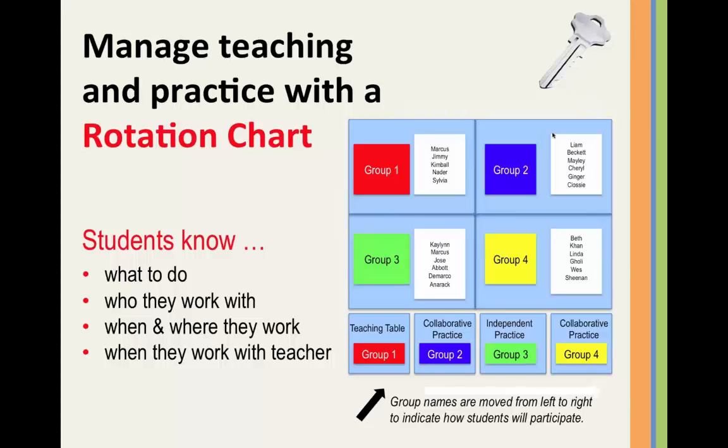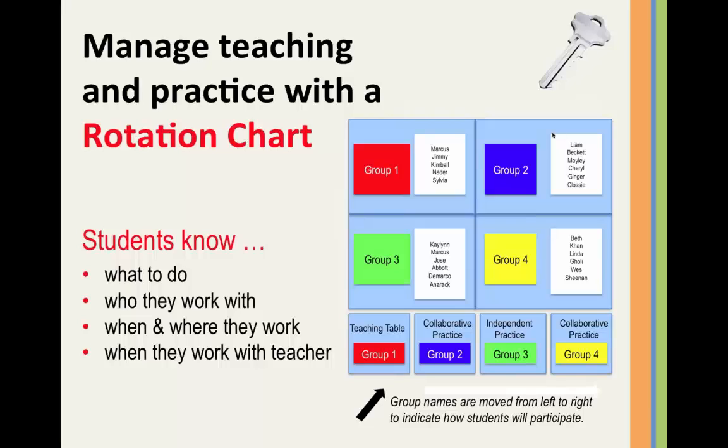If group 1 was my beyond grade level group, and then group 2 might be my on grade level small group, and group 3 might be my approaching small group, and group 4 would be my working below grade level group. And so I have them grouped homogeneously, or similar skilled.